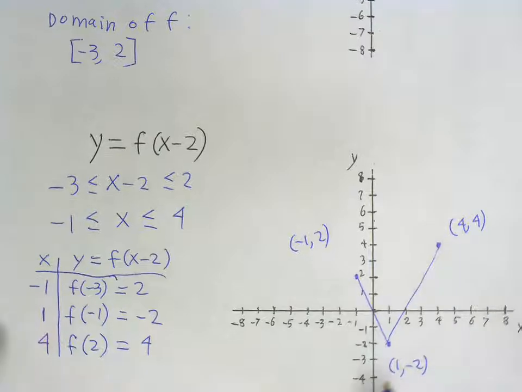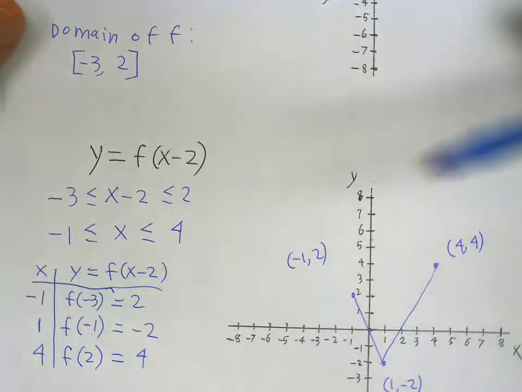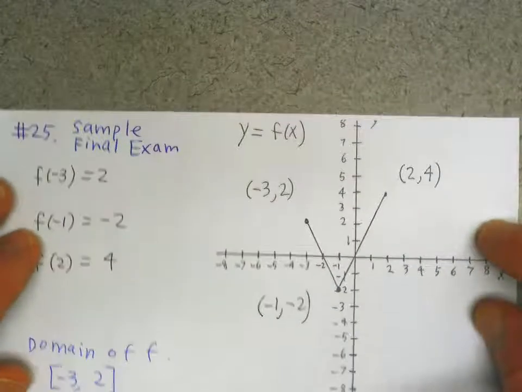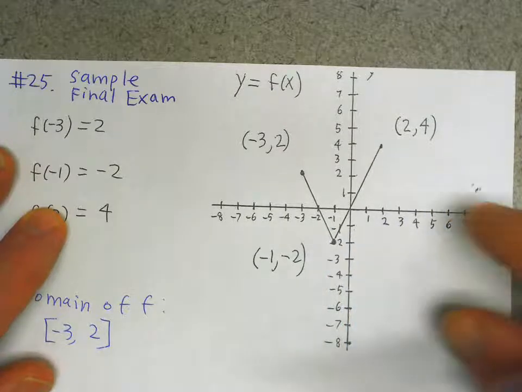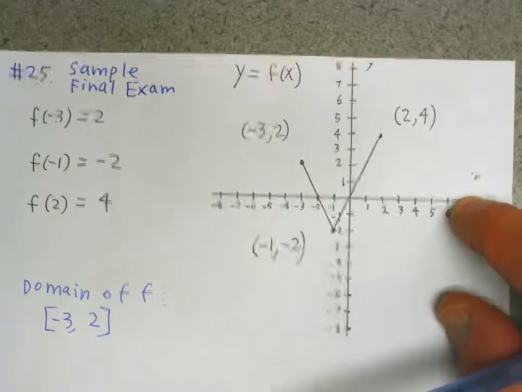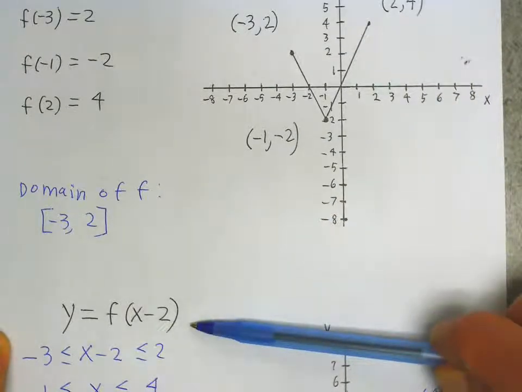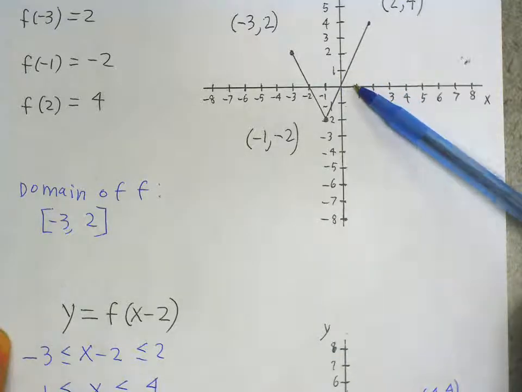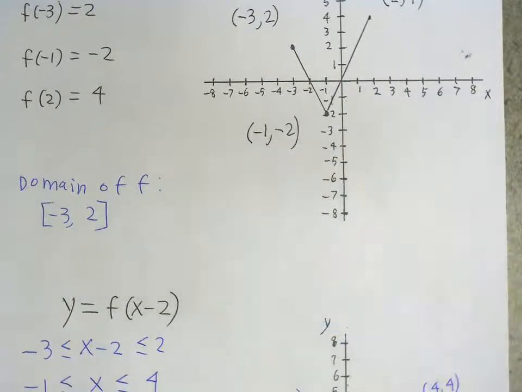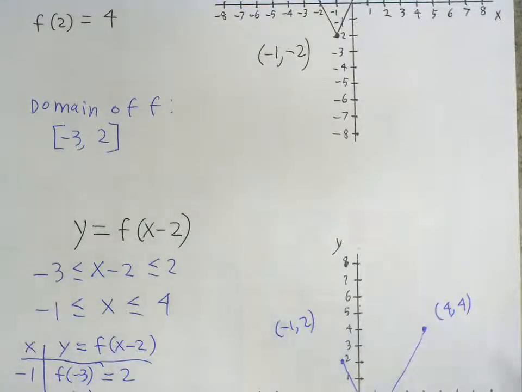If you compare this graph with the one above, this graph is the graph above translated horizontally 2 units to the right. So maybe the easy thing to do is just to remember that f of x minus 2 is the graph of f of x shifted 2 units to the right. But you can make sense of it analytically by going through this process.